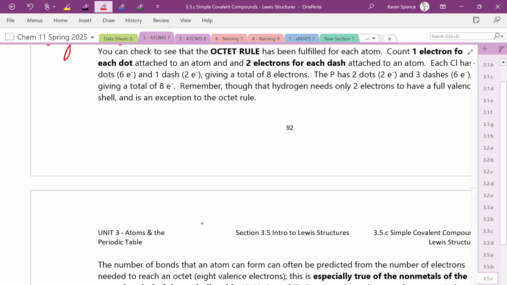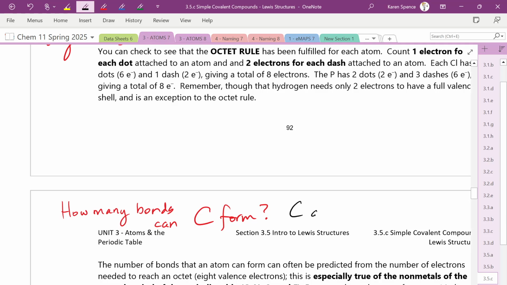How many bonds can carbon form? Carbon is group what? 14.